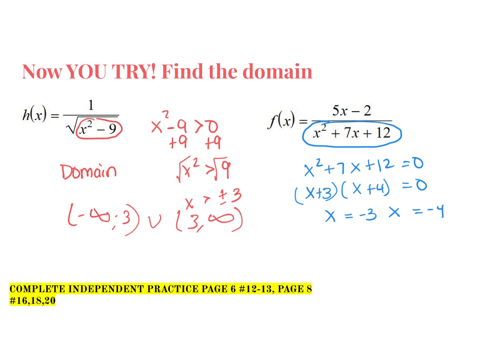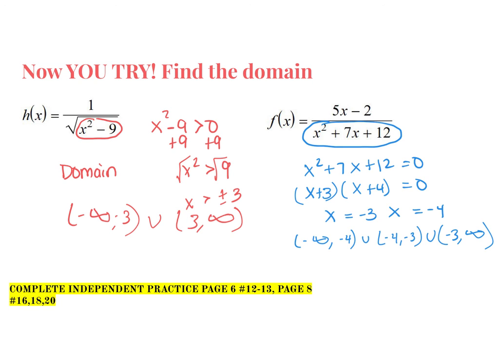Again, I could use interval notation for this. So I could say negative infinity to negative 4, union negative 4 to negative 3, union negative 3 to infinity.